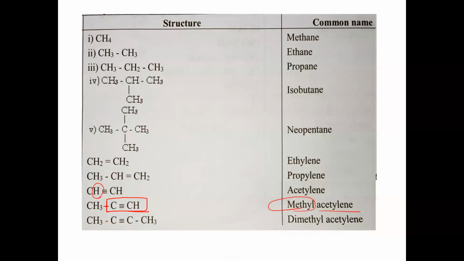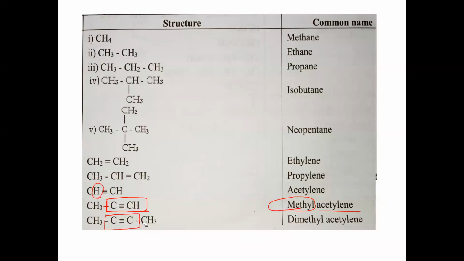And next example, check it. It is actually acetylene, this one. In this acetylene, CH triple bond CH should be there. But in the place of hydrogen and hydrogen, 2 methyl branches are substituted. Two methyl groups are substituted in the place of two hydrogen atoms. Then we got CH3 bond C triple bond C bond CH3.